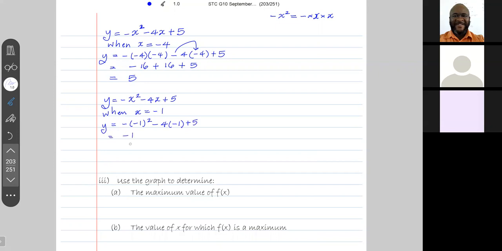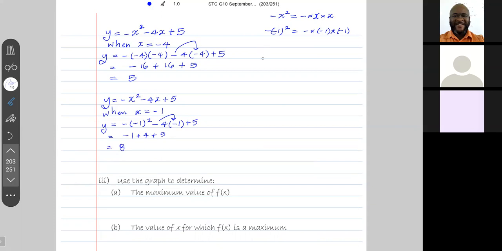This is minus 1 because minus 1 squared means minus times minus 1 times minus 1. That's what it means, which is you're multiplying 3 negatives, so that must come out negative. So this here now is what? Plus 4, because a negative times a negative is a positive, plus 5. All right, this looks like it's going to work out to be 8.